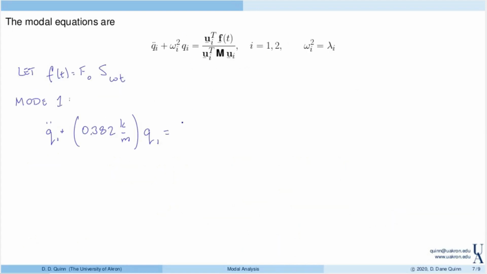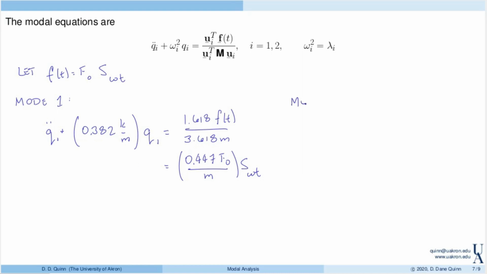So when I calculate this quantity, I get 1.618 times f of t divided by this quantity again, which we saw on the previous slide was 3.618 times m. So when I work this out and combine all this, I get 0.447 times f naught divided by m times sine omega t. So this is the equation for mode 1.